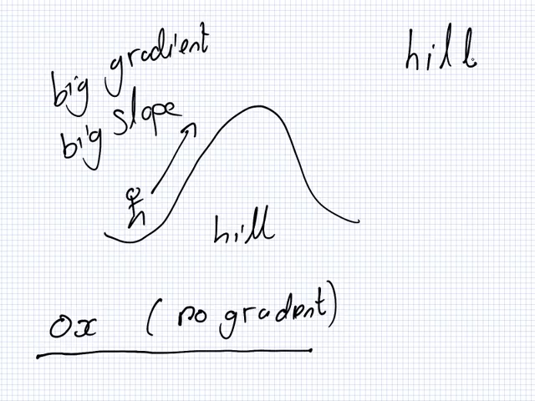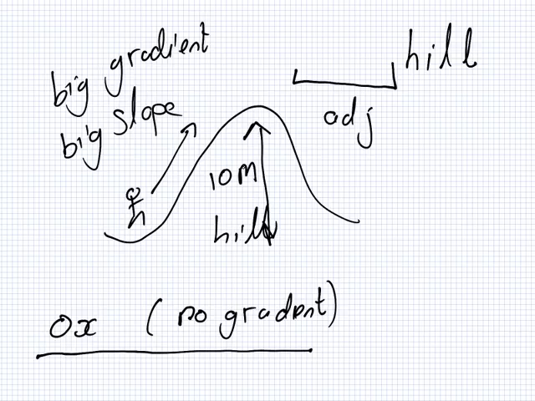I wonder if anybody knows the adjective to put here. Adjective for this hill. You see, we don't say a big hill because maybe this hill is small, like only 10 meters. So we don't say big hill. But the slope is big.